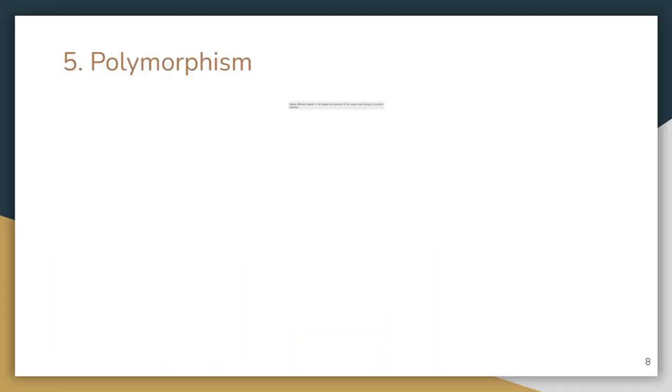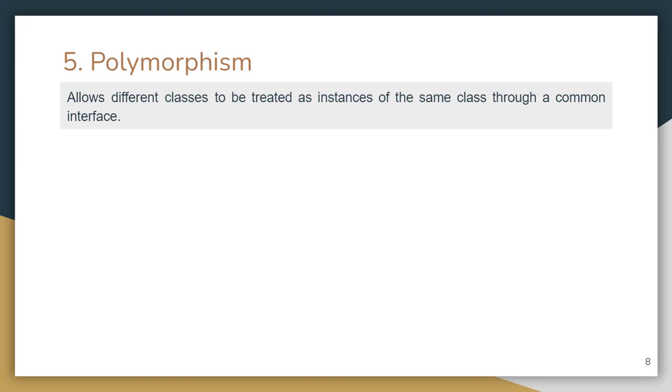Okay, the next example is polymorphism. Polymorphism means there is more than one structure. Polymorphism allows different classes to be treated as instances of the same class through a common interface.